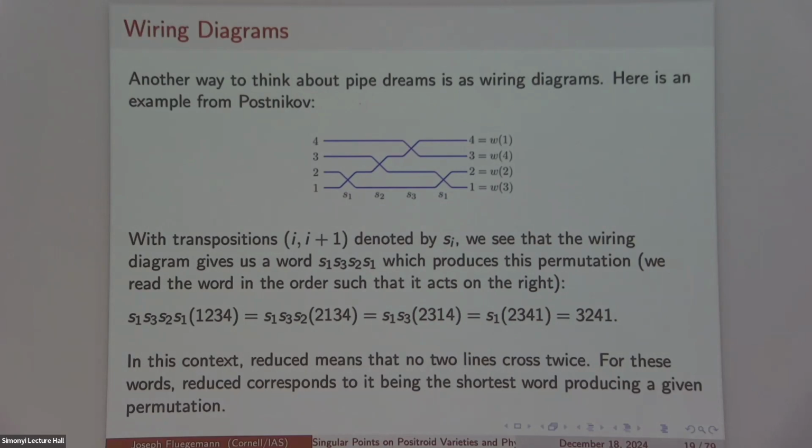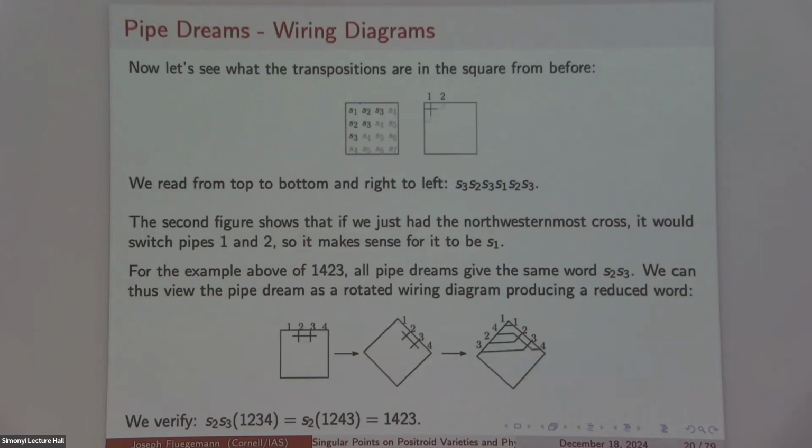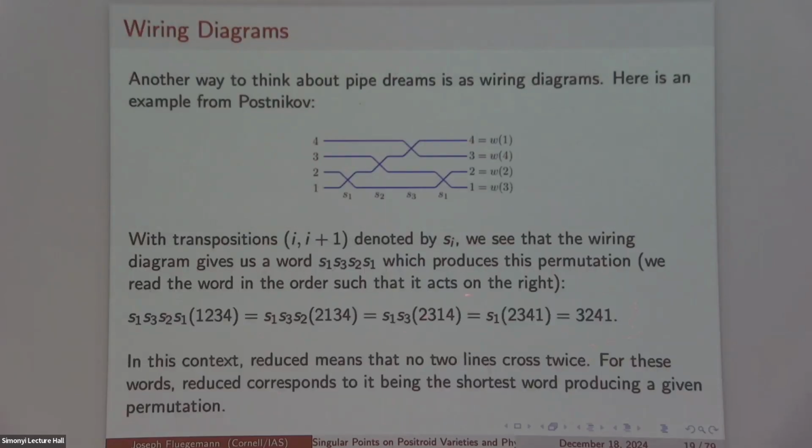So I'm going to skip this stuff about wiring diagrams. The idea is that you can think of these pipe dreams as being some sort of rotated wiring diagram, and the wiring diagram gives you a way to write these permutations in terms of transpositions.